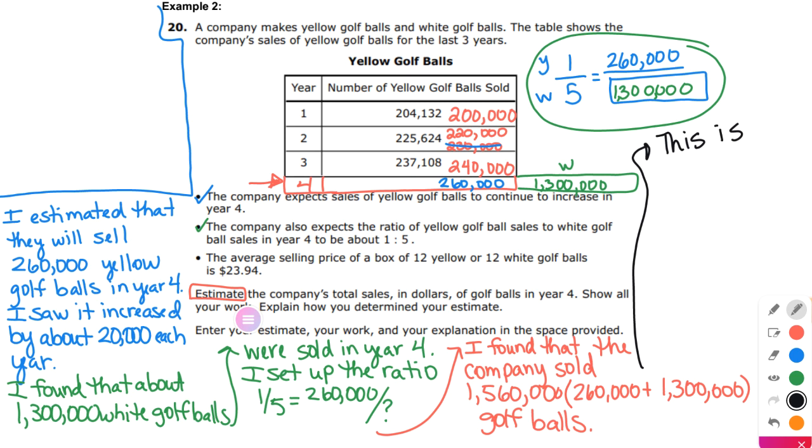Okay, this is 130,000 boxes. And again, we got to show our math, so I'm going to write that we took 1,560,000 divided by 12. So I know they sold that many golf balls, which is the same as 130,000 boxes.